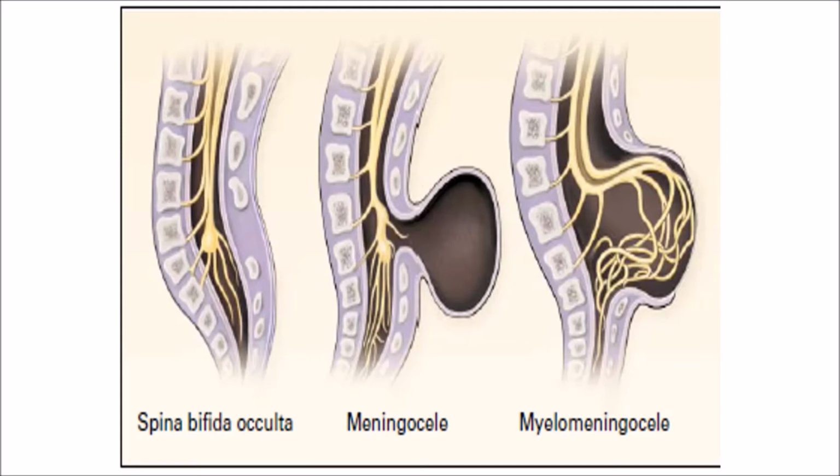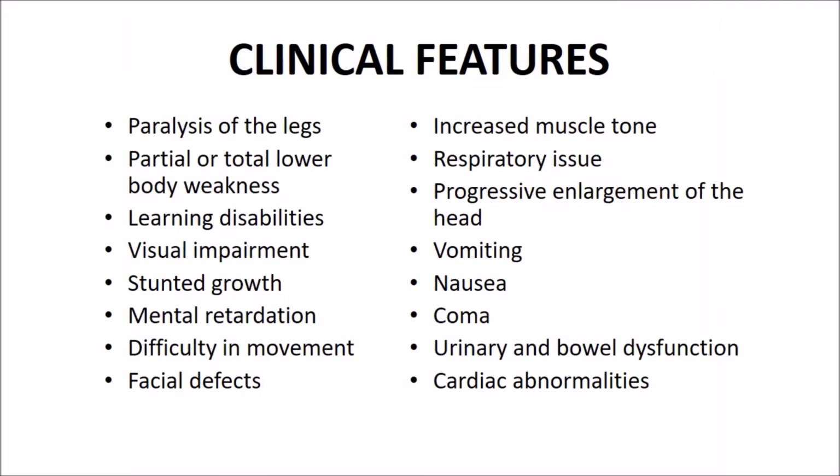But the meningocele will have a fluid-filled cavity outside the spinal column, and there are chances of this cavity bursting, and it can cause meningitis. Then in the meningomyelocele, there will be the neural tissue along with the fluid-filled cavity, that is the meninges, out of the spinal column.